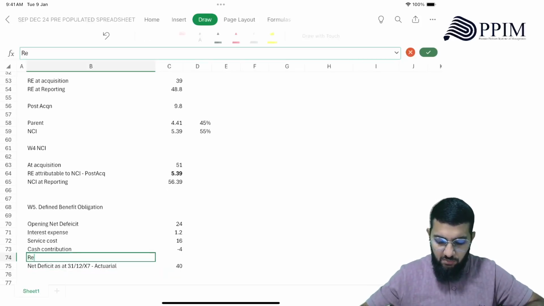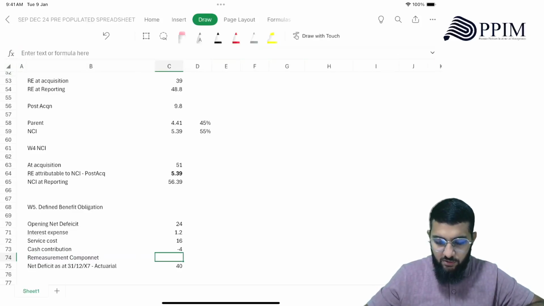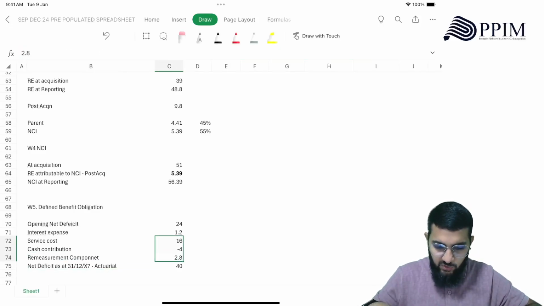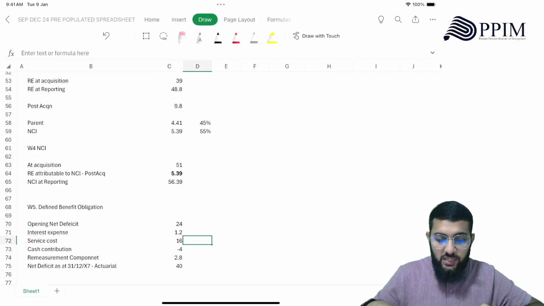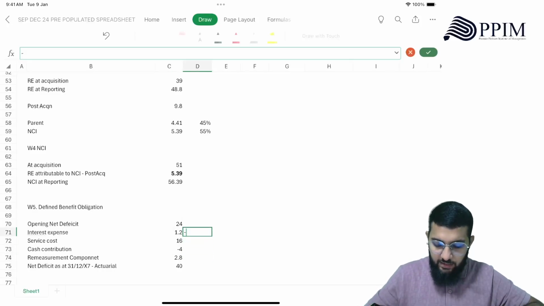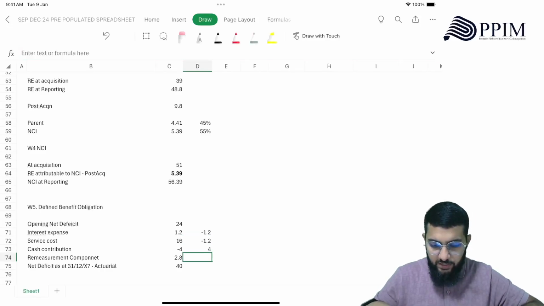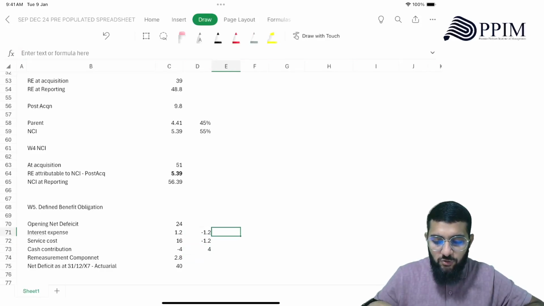So we know the remeasurement component added to net deficit was 2.8. That's what made it 40. Okay. Now this is going to deduct our retained earnings, and plus our retained earnings. This is going to credit the retained earnings, debit the retained earnings, debit, credit, right?